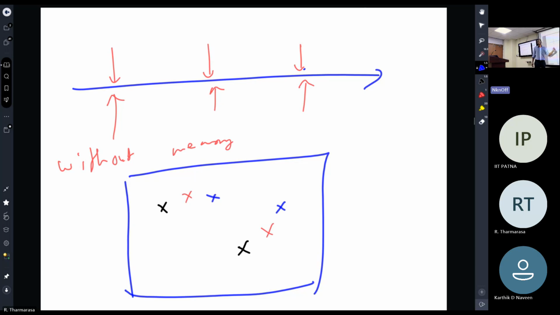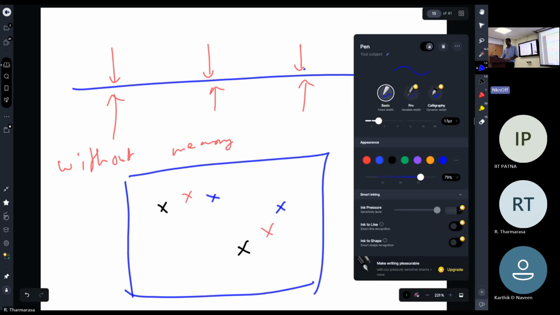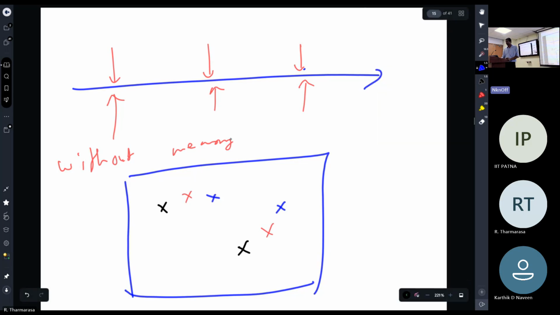But you can't do simple without memory fusion, because eventually you don't want to show just the dots to the user. As a user, in addition to the dots, I want a connection. Somehow you should be able to connect these and say this is track one, these are track two.